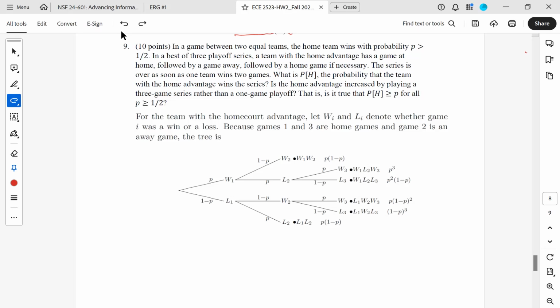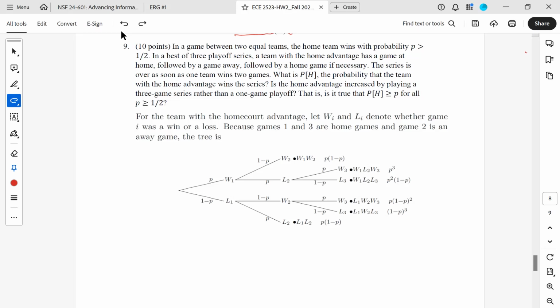So, first question. There are two teams. One has a home advantage. They are going to play. The team with the home advantage has the probability of p to win the game. The next game is going to be away, and if necessary, there's going to be a third game at home for that team.